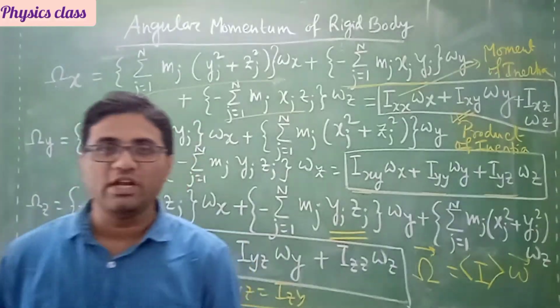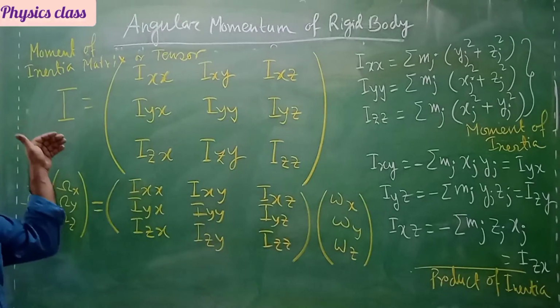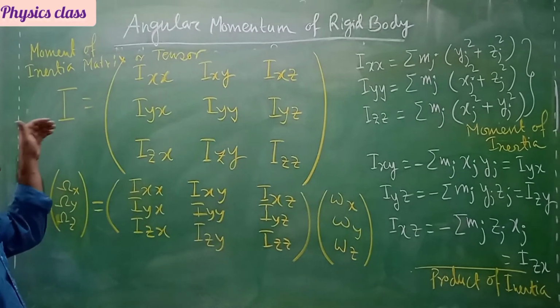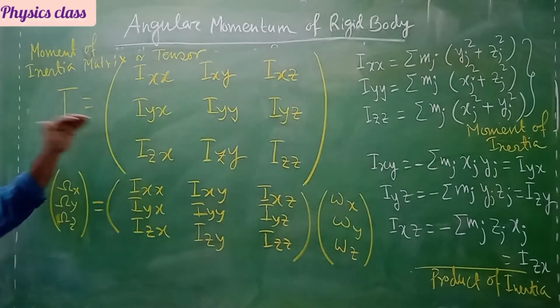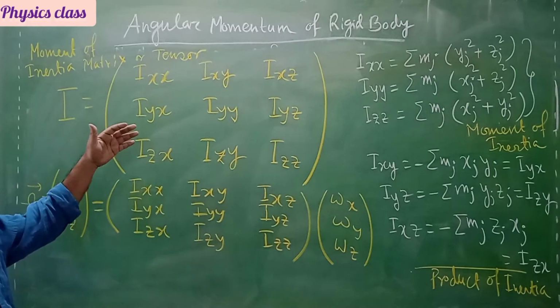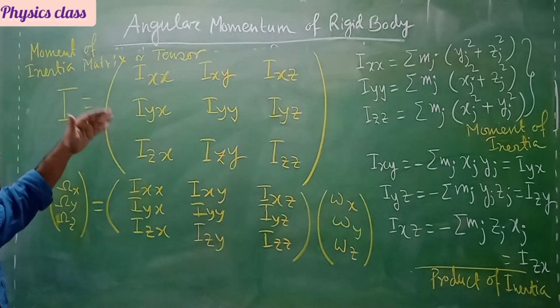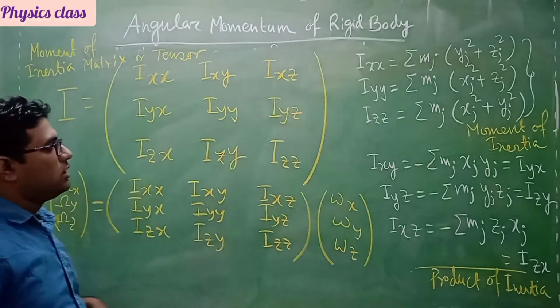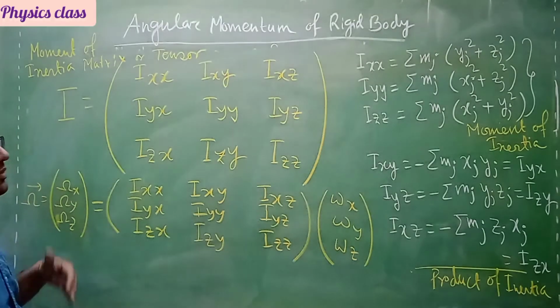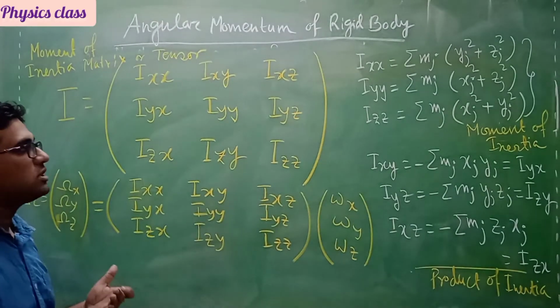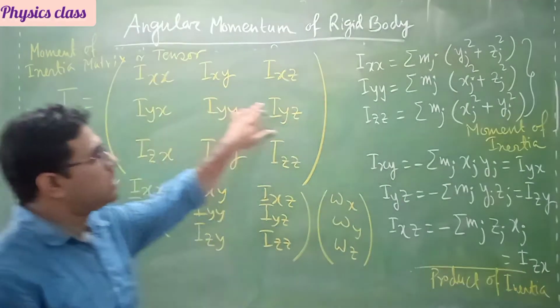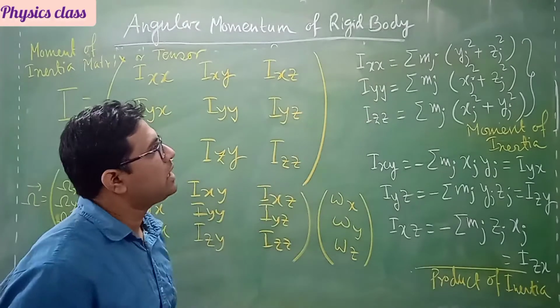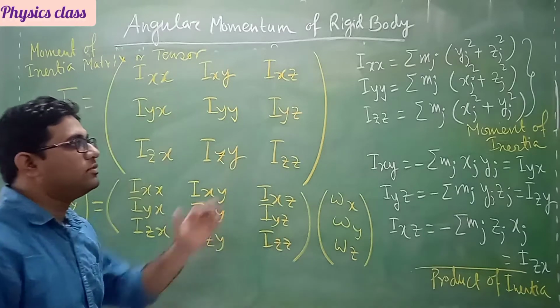Now this is the form of the moment of inertia matrix or tensor. So this is called the moment of inertia matrix or tensor. This is a 3 by 3 matrix, because we are considering 3-dimensional space. Now here Ixx is of this form, Iyy of this form, and Izz of this form.